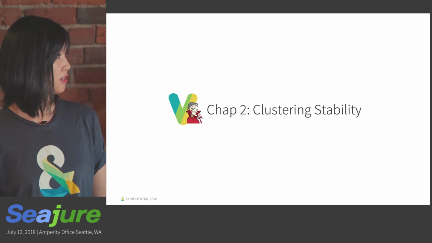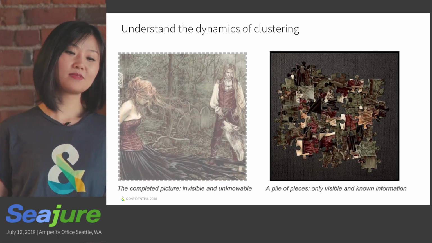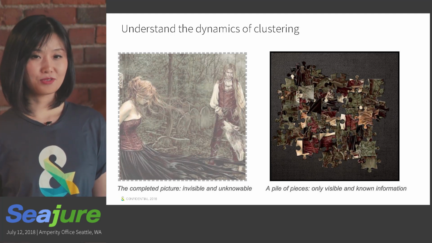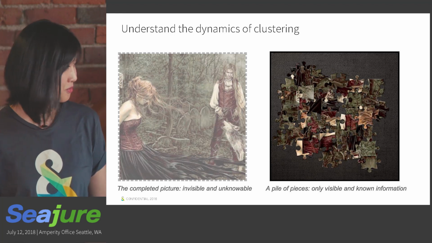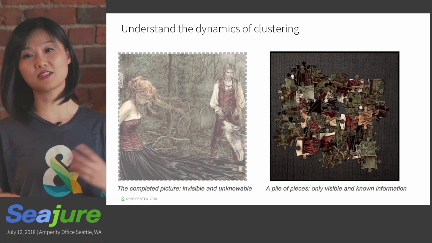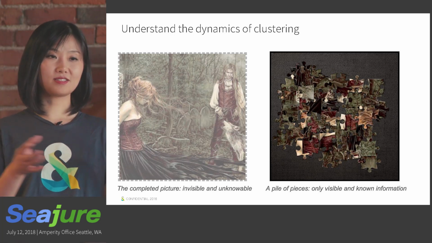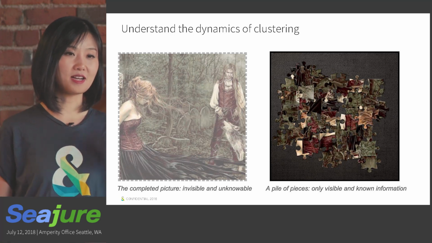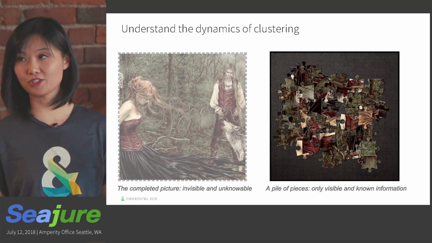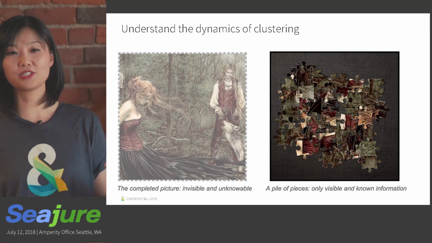Before we talk about how to do that, I think solving a clustering problem is like solving a jigsaw puzzle. How would you solve a jigsaw puzzle? You have a pile of pieces, and you dig in and find some interesting ones that are visible to you and that you think can be grouped together by shared attributes, for example the patterns and the colors, and you group them into little clusters.